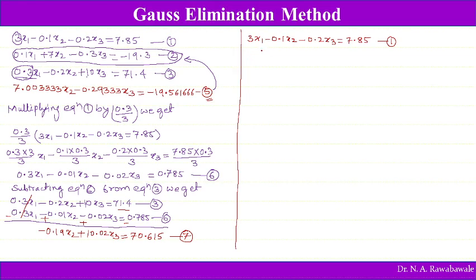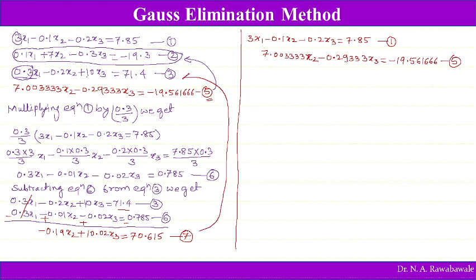So that is nothing but 7.003333x2 minus 0.2933x3, which is equal to minus 19.561666, equation number 5.